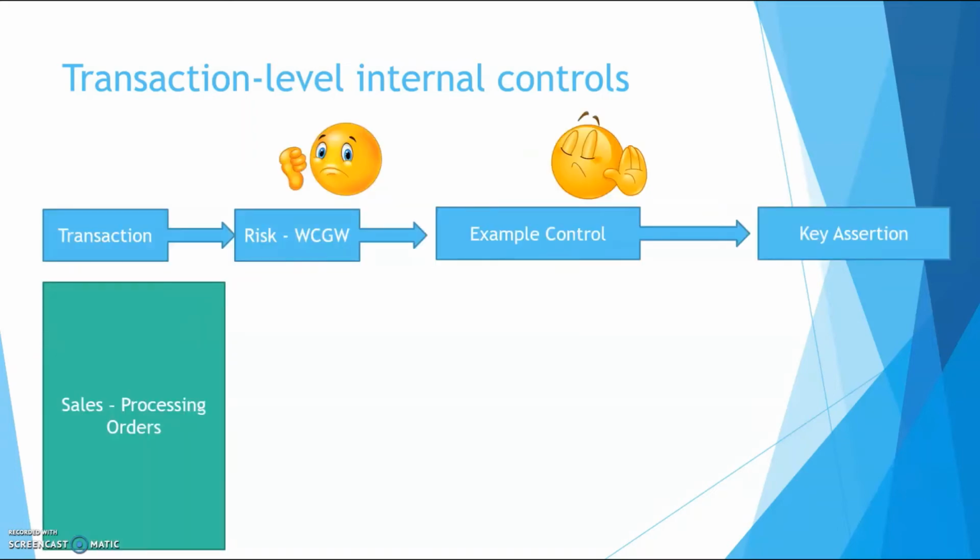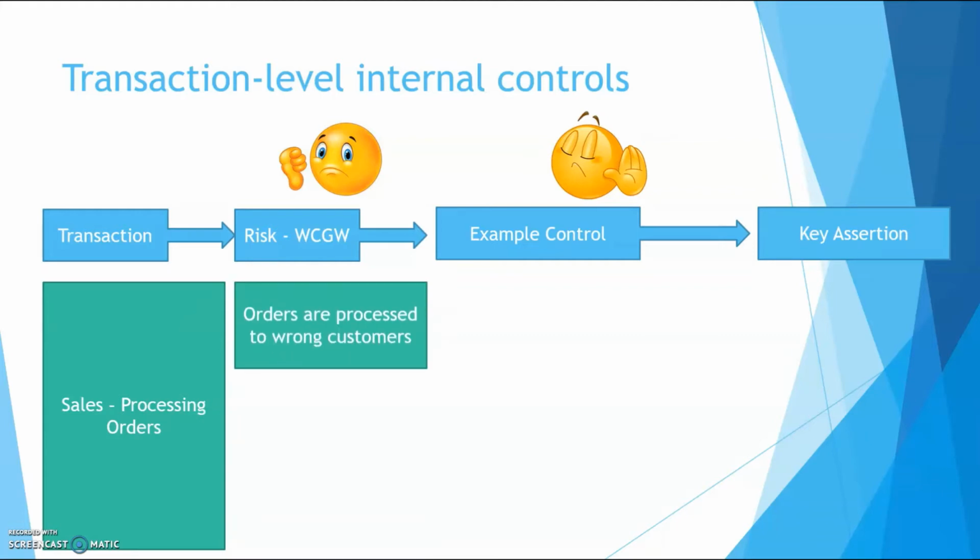So, this is what we're going to look at. We've got sales processing orders. So at the very beginning of a sales transaction, someone has to make an order. So, what could go wrong? In this instance, what could go wrong? We're thinking orders are processed to the wrong customers.